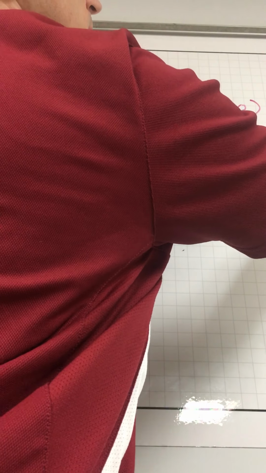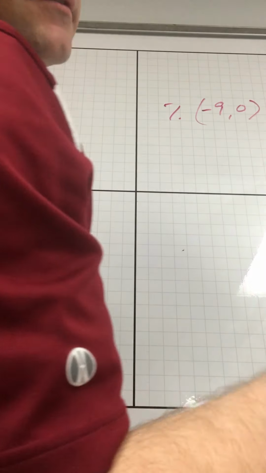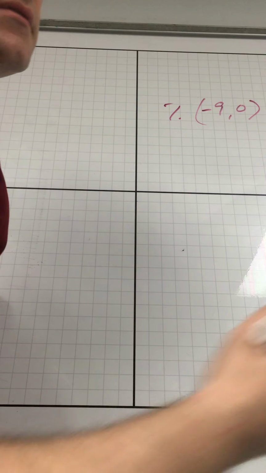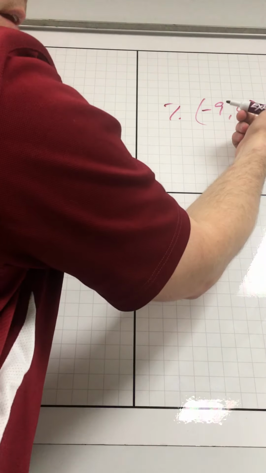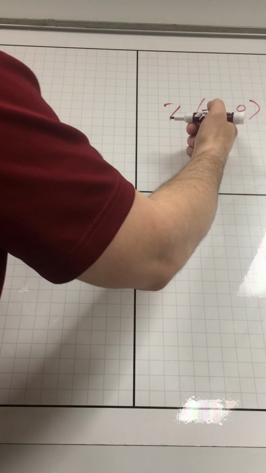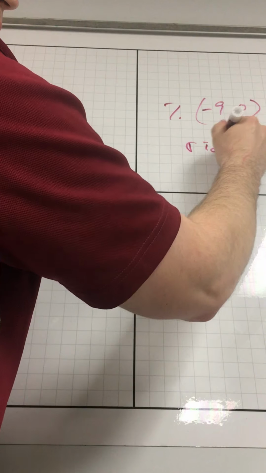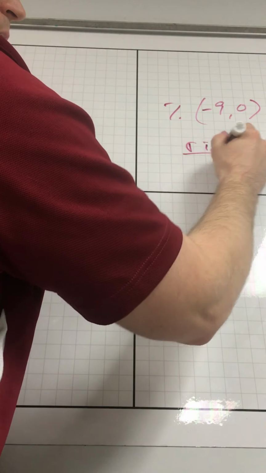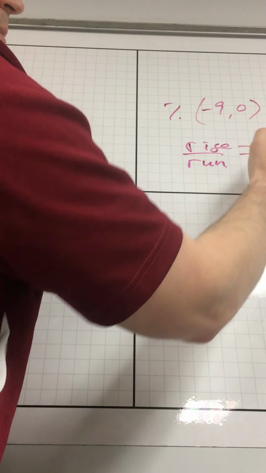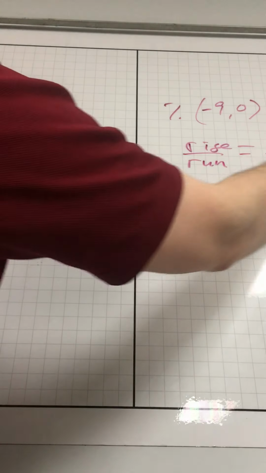Remember, we do the x value left and right first, and you know that one's intersecting the y-axis, so the x is 0. Anyway, we find our difference in y to find our rise, right? Rise over run.